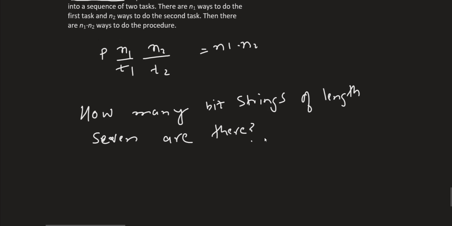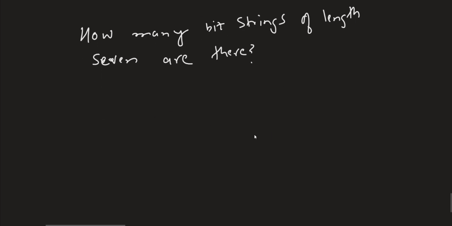If you look at this entire thing and consider it as a process, each bit will represent a task, and we have this string which is 7 bits long: 1, 2, 3, 4, 5, 6, 7. Since this is a bit string, each digit is a task that can be represented in two ways, either 0 or 1.